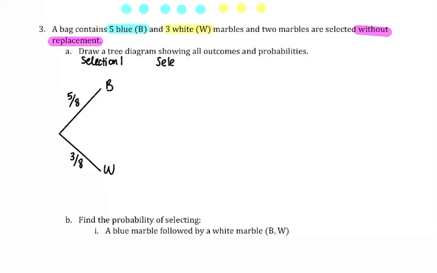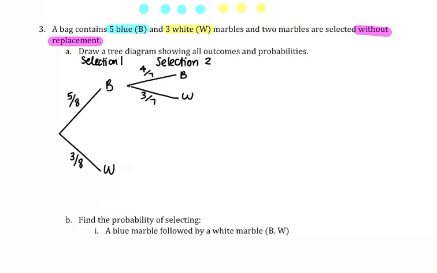For selection 2, if we first choose a blue marble, we can then choose for selection 2 a blue or a white marble. Because we aren't replacing it, we've already chosen a blue marble, so let's cross that out. That means that we only have 7 marbles left, so these are going to be over 7. And because we've already selected a blue marble, there are only 4 blue marbles left to select from and there are 3 white marbles to select from the 7.